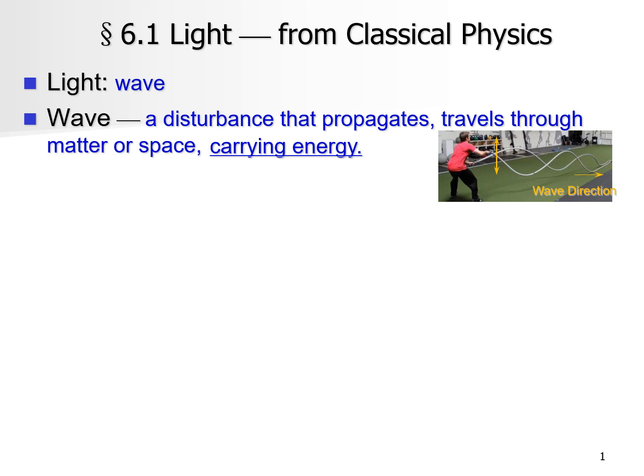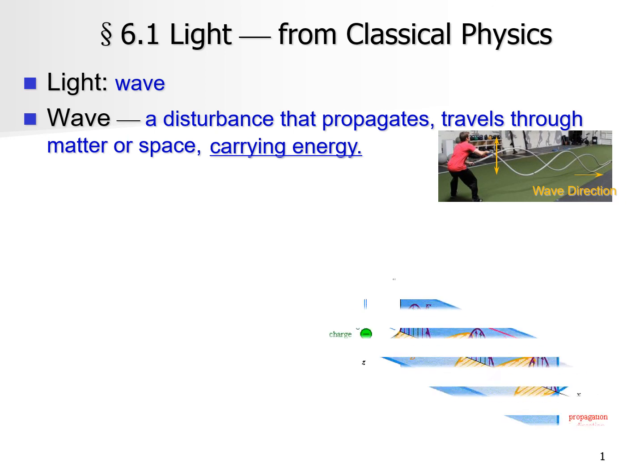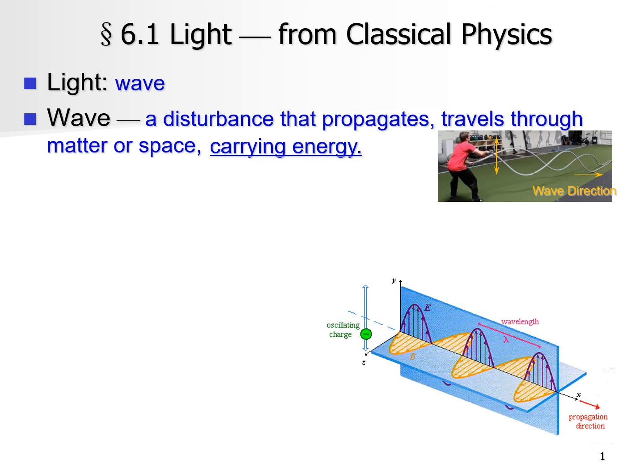But in chemistry, especially in this class, we are more interested in the oscillation, not the rope, but the charged particle, for example, an electron. When the electron goes upside down, it causes this disturbance in space.